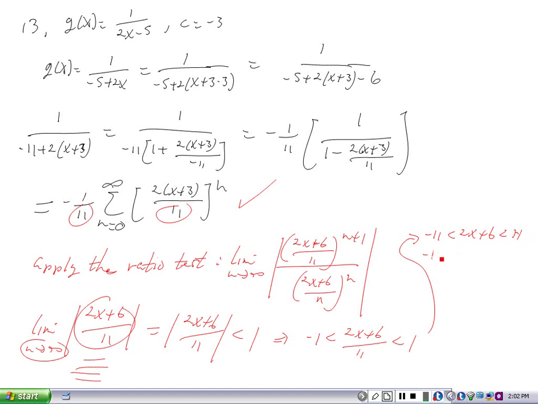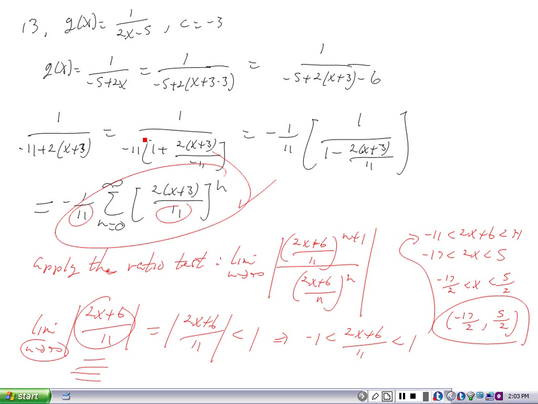Subtract 6, so this is -17 less than 2x less than 5. Divide everything by 2. -17 over 2 less than x is less than 5 over 2. And so our interval is -17 over 2 all the way to 5 over 2. Okay. Alrighty.